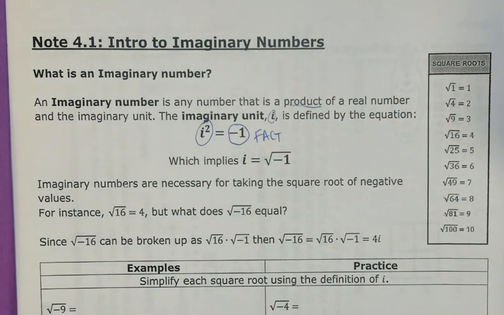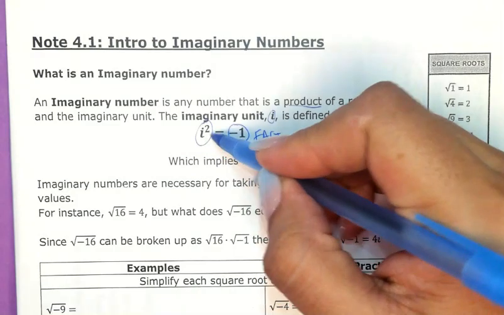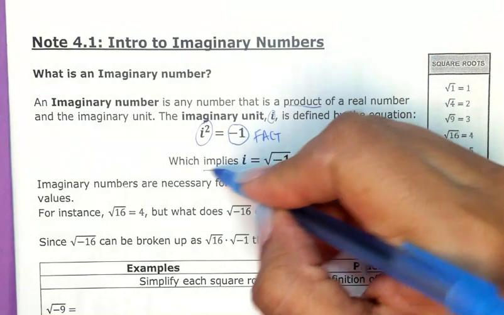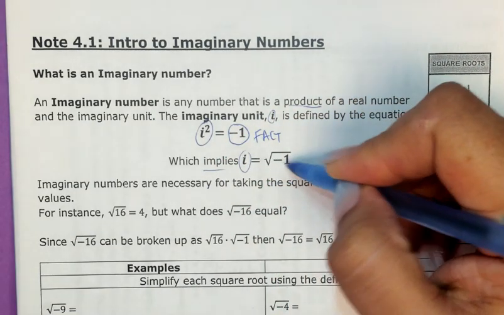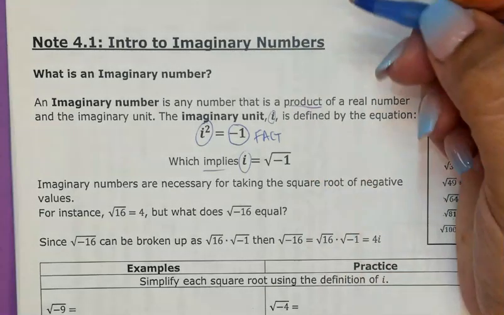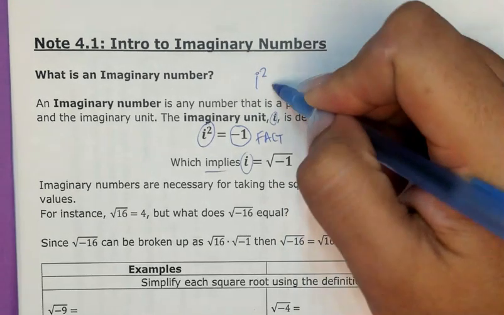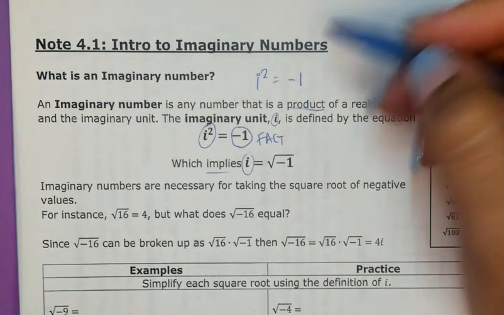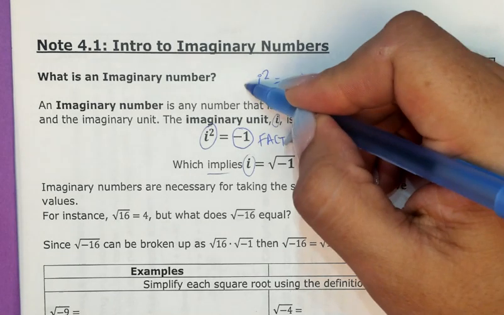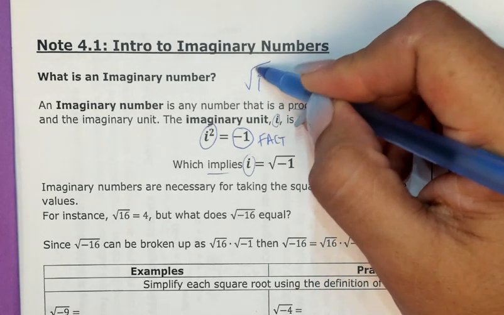i squared equals -1. Now, because i squared equals -1, you can imply that i by itself equals the square root of -1. And this comes from understanding that i squared is equal to -1, and if we want to have i by itself, we have to cancel the square with a square root.